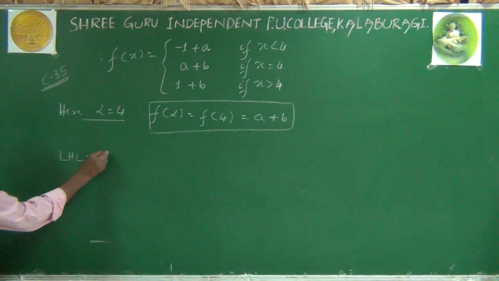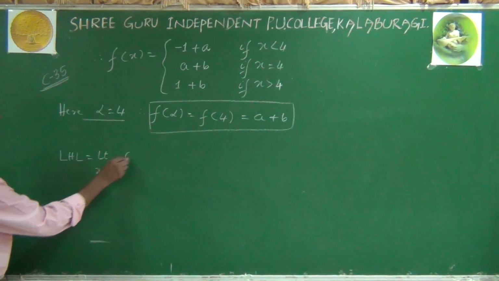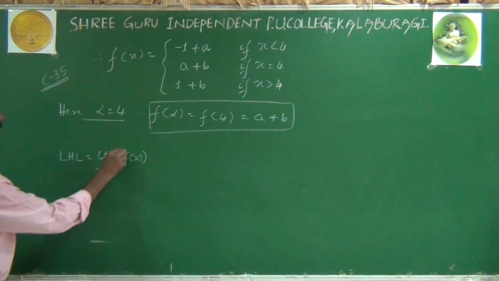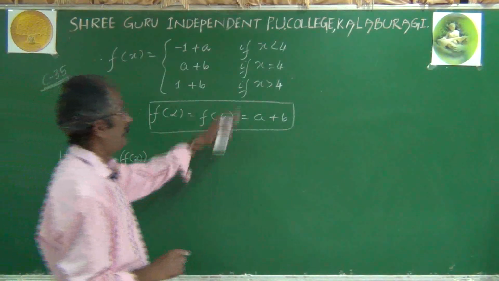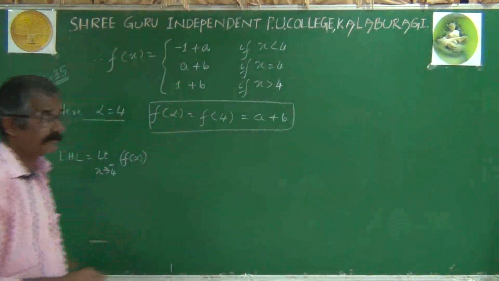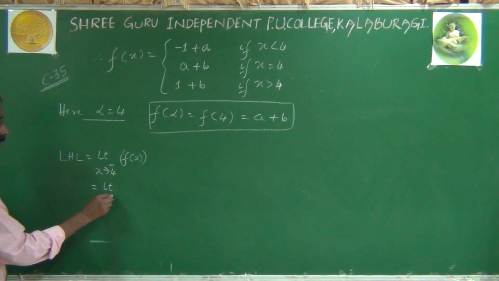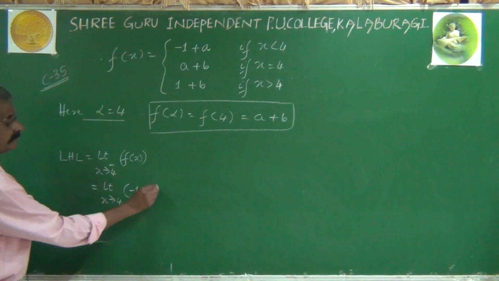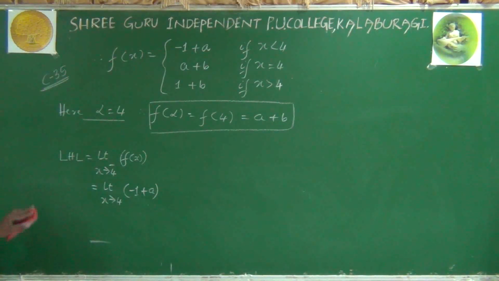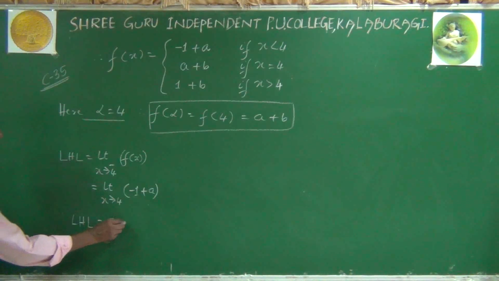Left hand limit, x extending to 4 minus of f of x. 4 minus means less than 4. When x is less than 4, function value is minus 1 plus a, nothing but a minus 1. So left hand limit equals to a minus 1.